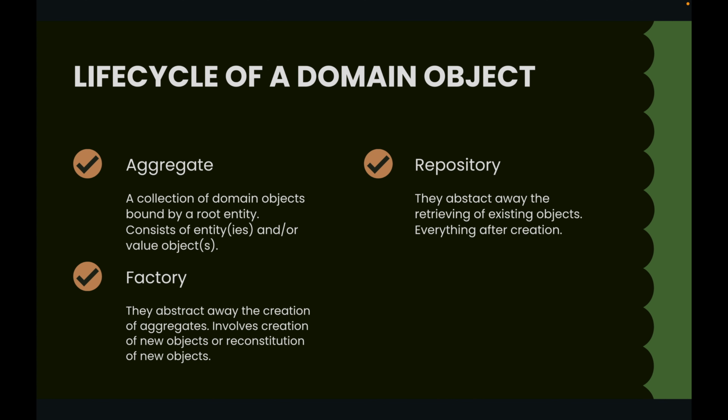An aggregate is a collection of domain objects bounded by a root entity. This can be one entity, many entities, many entities and many value objects, or one entity and many value objects. Basically, you're grouping these into things that need to stay together.